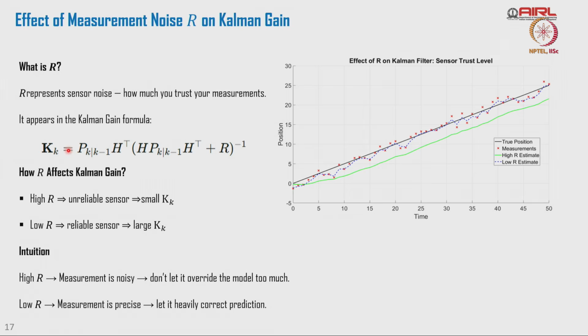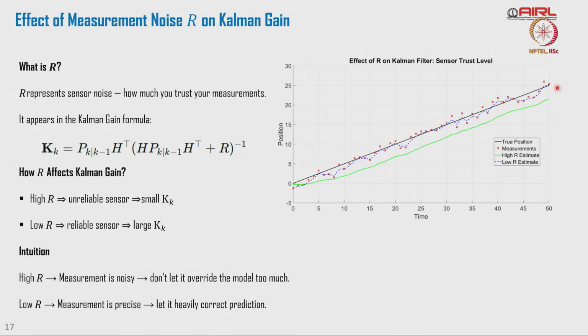If you understand how R affects Kalman gain, you know the effect of Kalman gain on state estimate. If high R, unreliable sensor, which means small Kk. Low R, reliable sensor, which means large Kk. Intuition: if high R, measurement is noisy, do not let it override the model too much. Low R, measurement is precise, let us heavily correct the prediction.